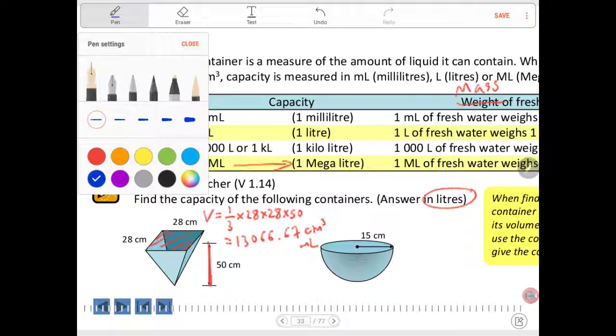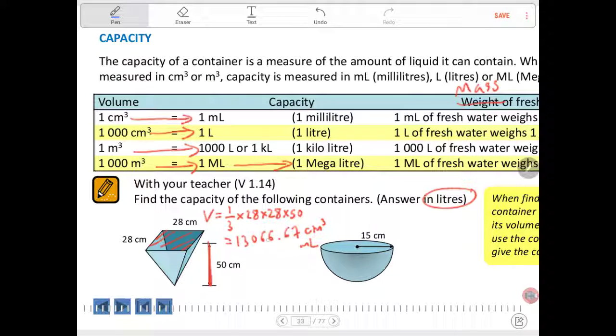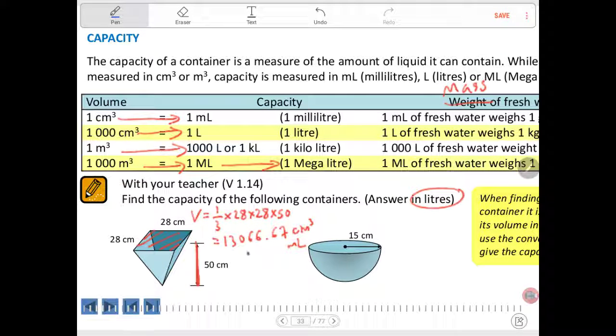Okay, so what we need to do: 1 cubic centimetre is 1 millilitre. 1,000 cubic centimetres is 1 litre. So we need to divide this by 1,000. And that gives us 13.06667 litres.